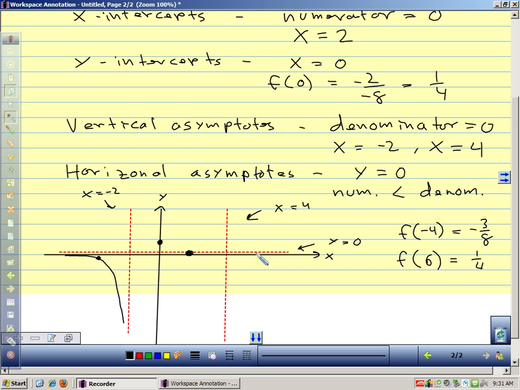So out here at x equals 6, my function is positive. So that tells me that I'm going to come out this way, and my function's going to go up towards my asymptote there. And if you're not sure, you could plug in some additional points.